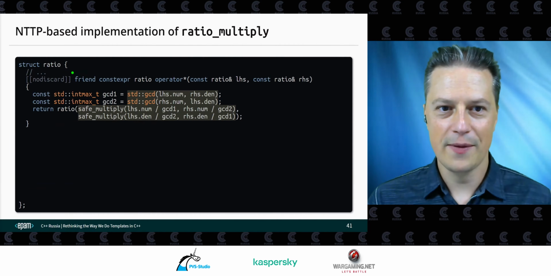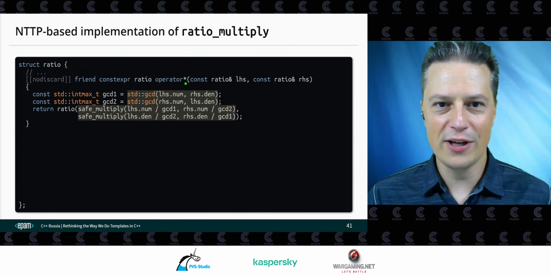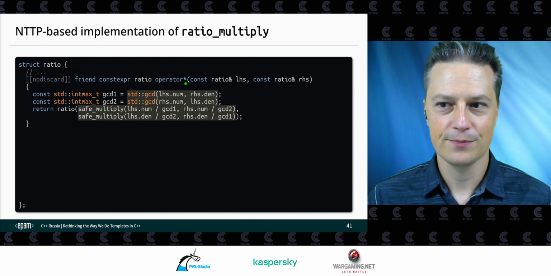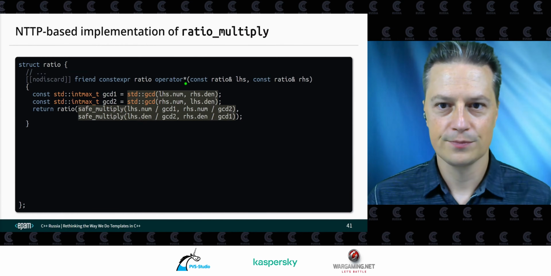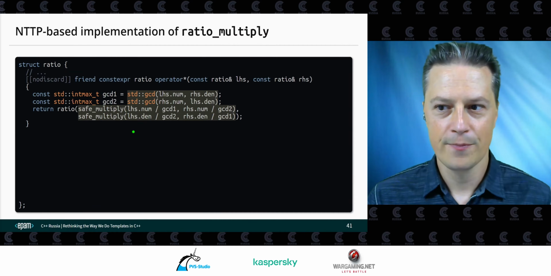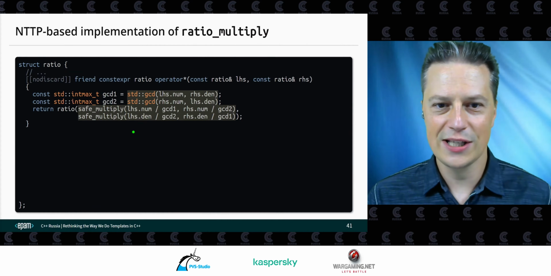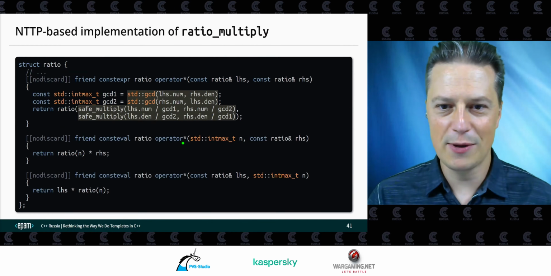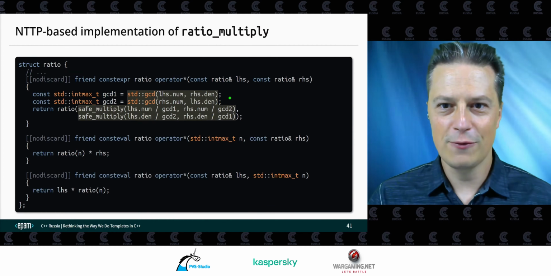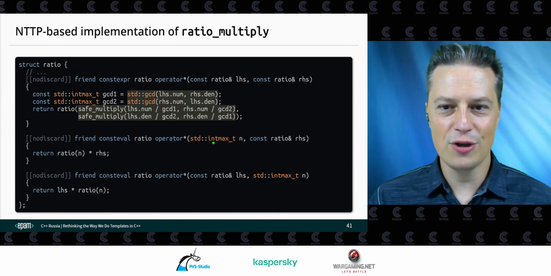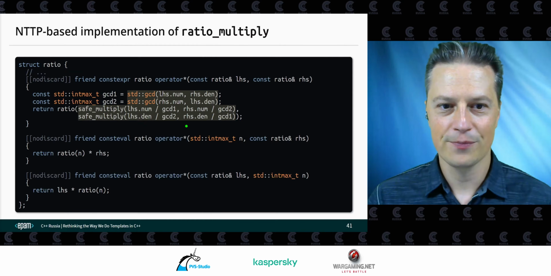Now ratio multiply actually becomes a multiply operator in this class, right? And what's even more interesting here, we can provide additional multiply operators, not only for ratio by ratio, but also value by ratio or ratio by value.